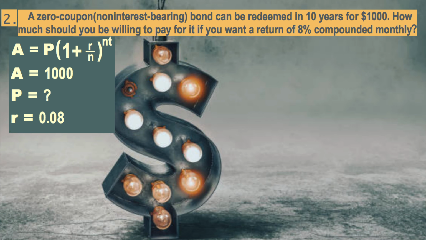The periodic compounded interest formula is an equation with 5 variables: A, P, r, n, and t. We know 4 of the variables and we must solve for the 5th variable, namely P.